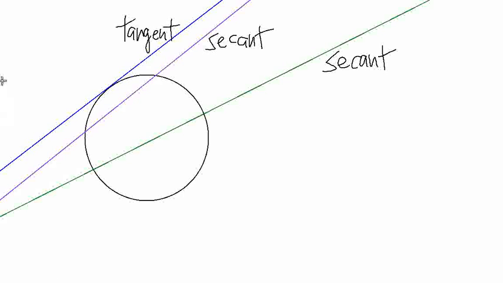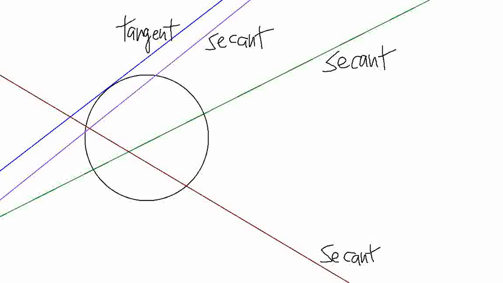Let's do another example. That red line, is that red line a tangent or a secant? All right, so that red line is also a secant. And how about this orange line?